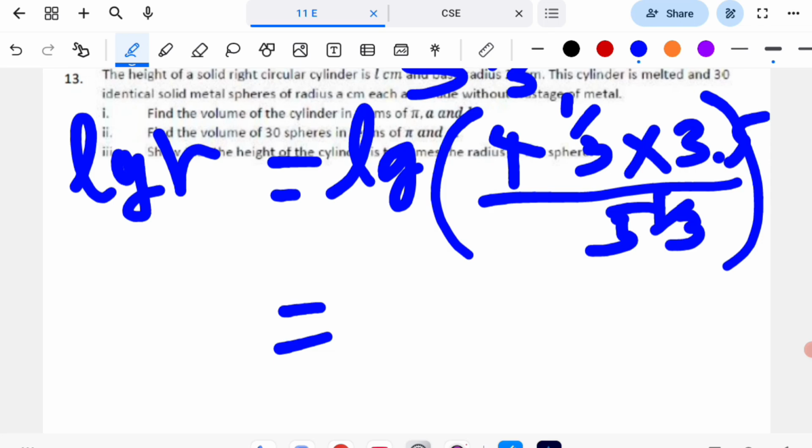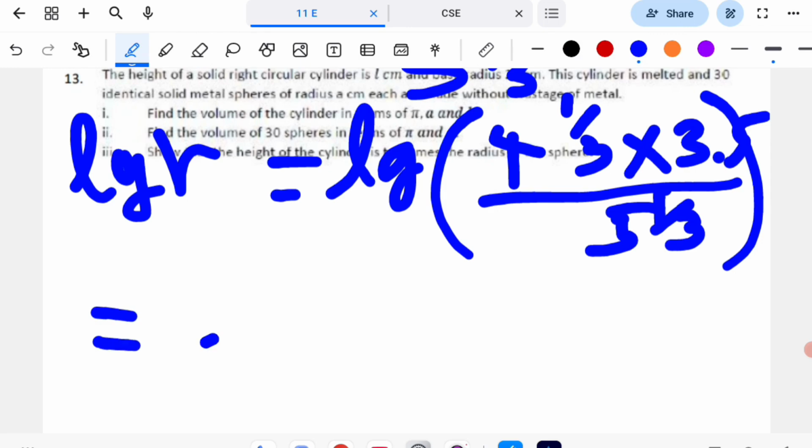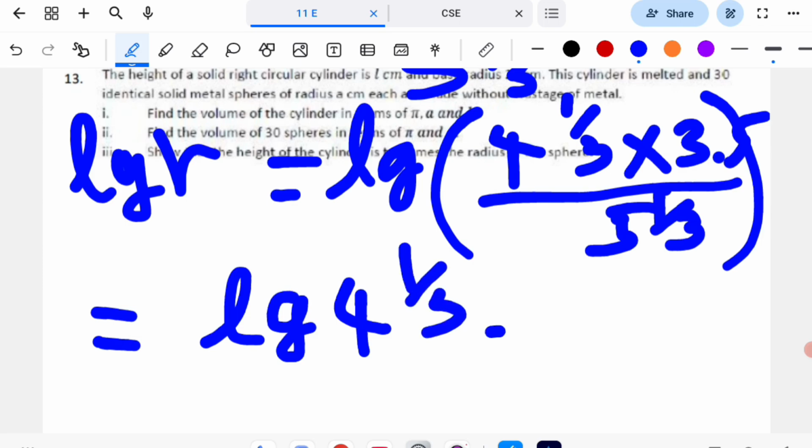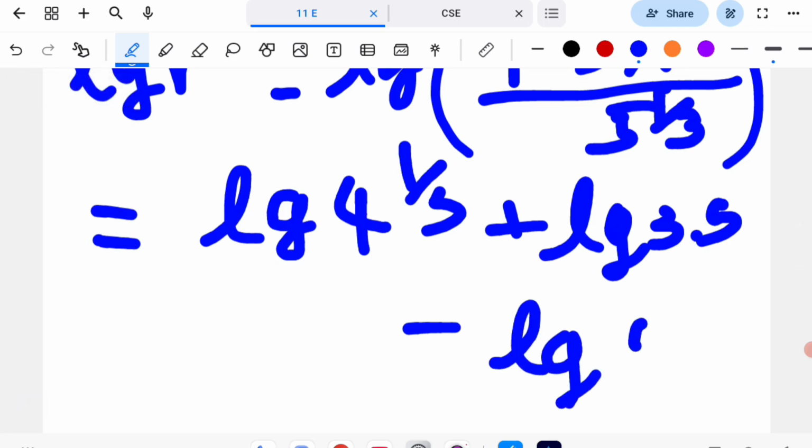Before that, I will expand the equation. Log 4 to the power 1 over 3 plus log 3.5. When multiplying, we add logarithms, minus log 5 to the power 1 over 3.